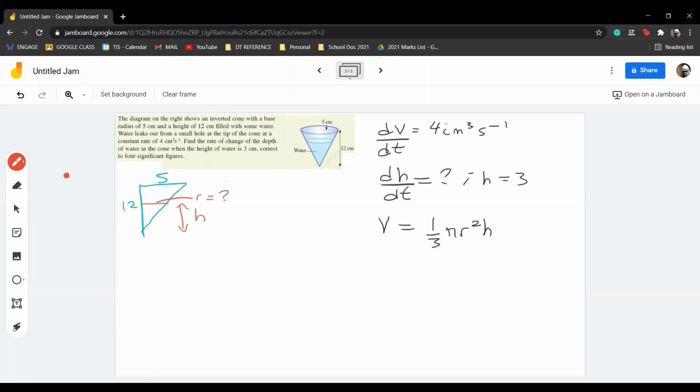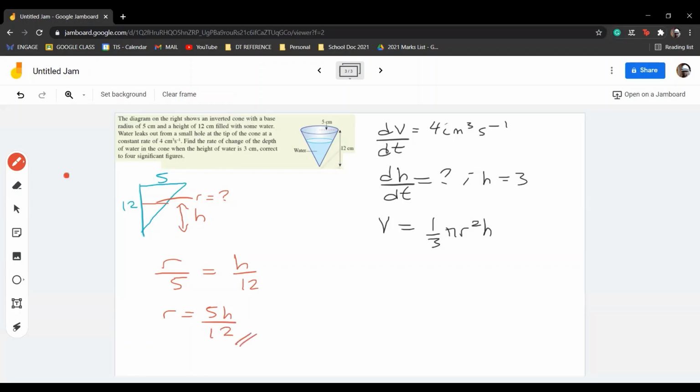We can call upon the ratio. The radius has changed from 5 to r, which is directly proportional to the height 12. So r equals 5h over 12, or h times 5 over 12. So we got our r.